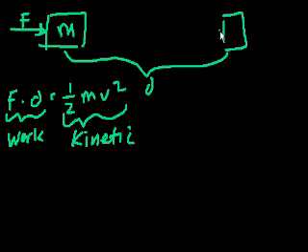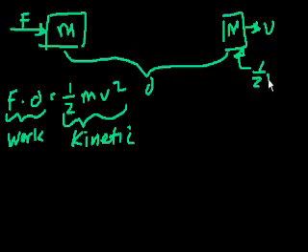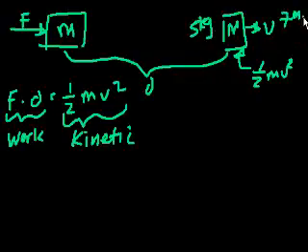So let's just say I looked at an object here with mass m and it was moving with the velocity v. I would say, well, this has a kinetic energy of 1/2 mv squared. And if the numbers are confusing you, let's say this was a 5 kilogram object and it's moving at 7 meters per second.